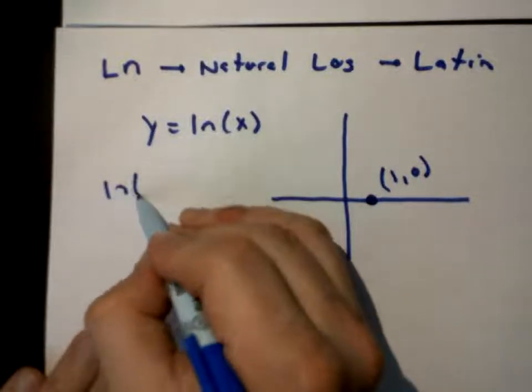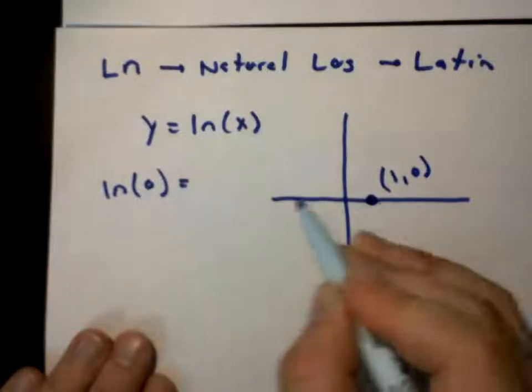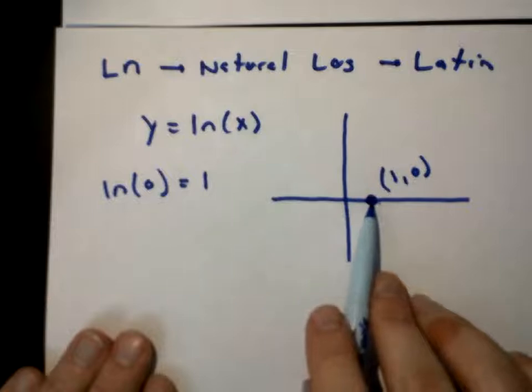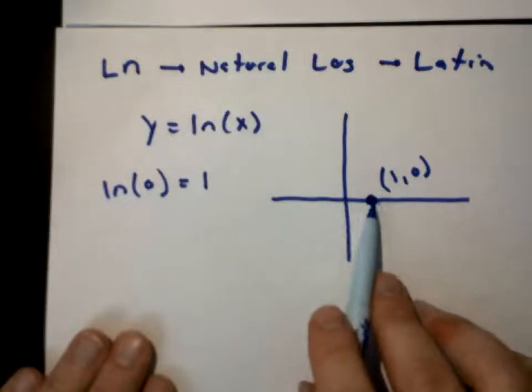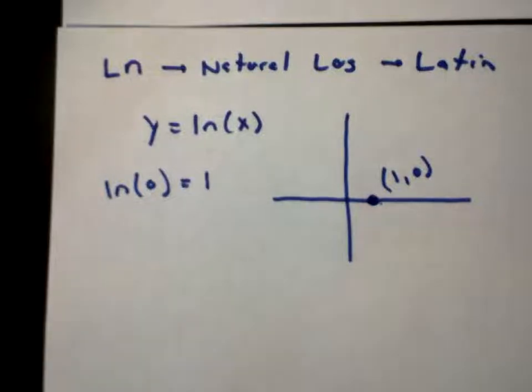So the natural log of 1 is 0. Hope that made a little bit more sense there. If you want to check the work there, you can always do that on a calculator just to make that happen. But just take my word for it. All right.